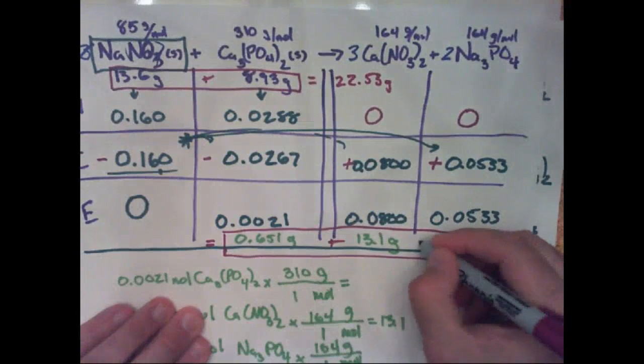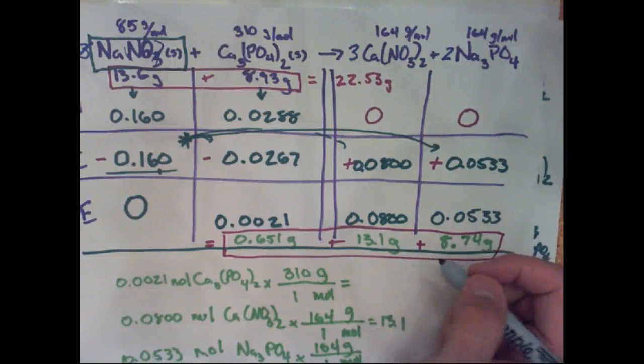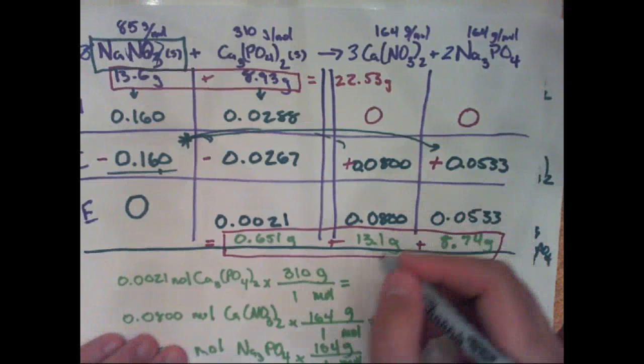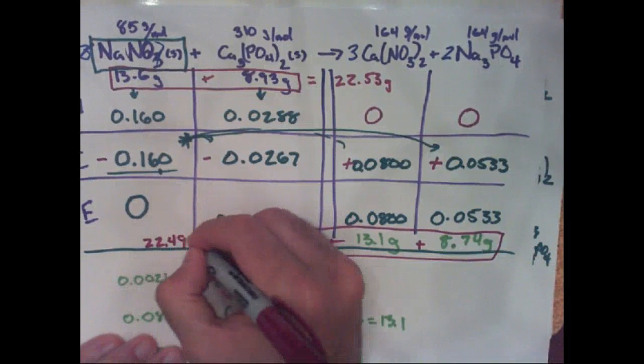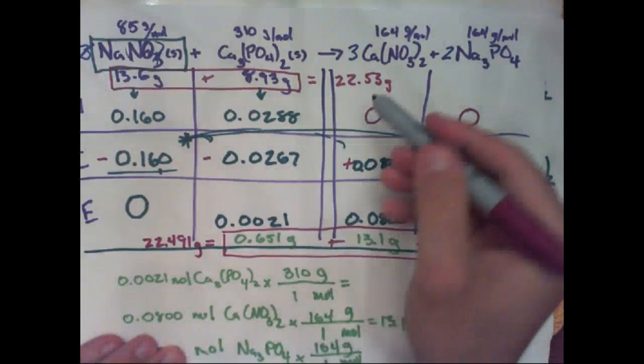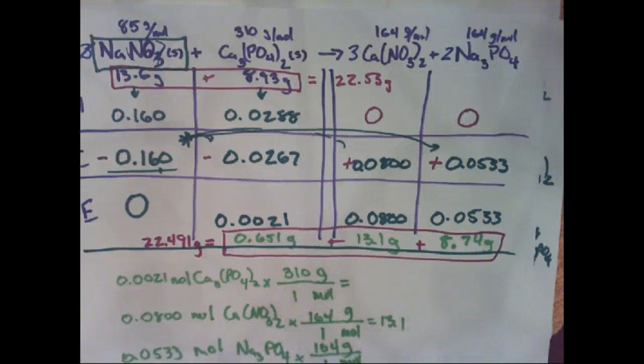Now if I take these 3 masses and add them up, 0.651 plus 13.1 plus 8.74, we're going to get 22.491 grams. And because of rounding, these aren't exact, but they're close enough for chemistry, and now we have solved our second medium-sized ICE chart.